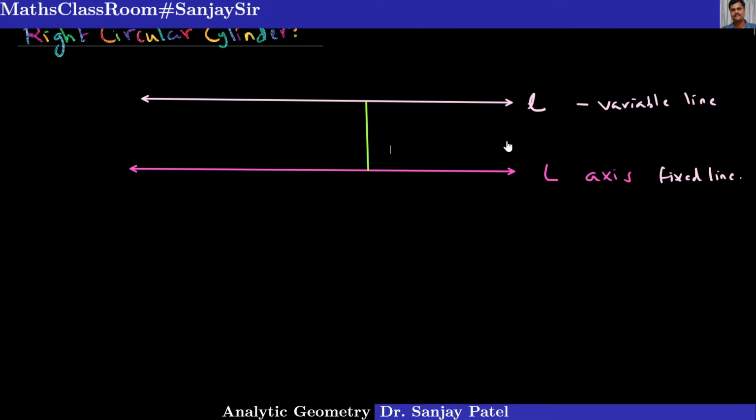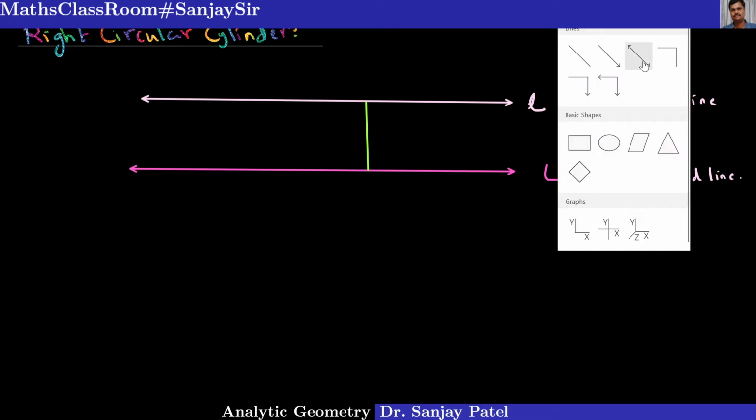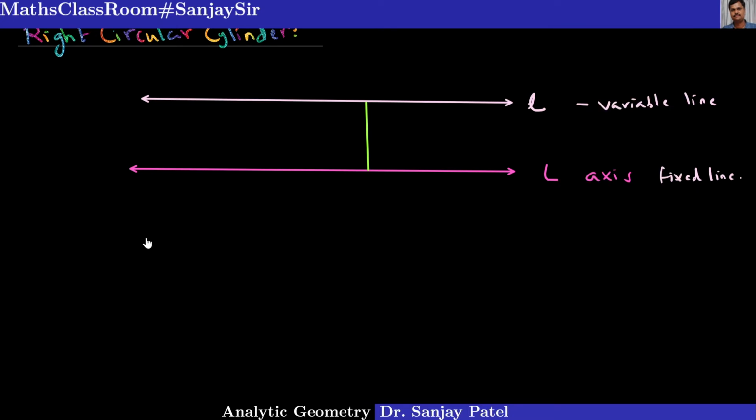So this distance must remain same. So if you rotate this way, the surface generated by this revolution in 3 dimension about this fixed line is called a right circular cylinder.